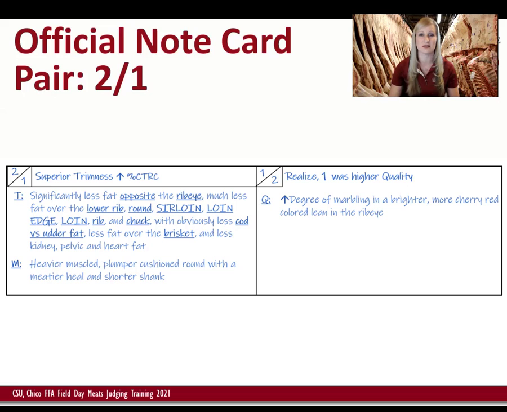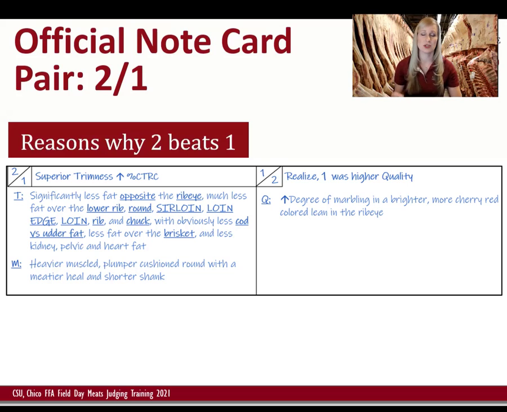There's significantly less fat opposite the ribeye, much less fat over the lower rib, round, sirloin, huge difference over the loin edge, loin, rib, and chuck, with obviously less cod versus udder fat since we're comparing a steer versus a heifer. Less fat over the brisket and less kidney, pelvic, and heart fat percentage. Number 2 also possessed a heavier muscle, plumper cushion round with a meatier heel and a shorter shank. So those are the reasons why 2 beats 1.